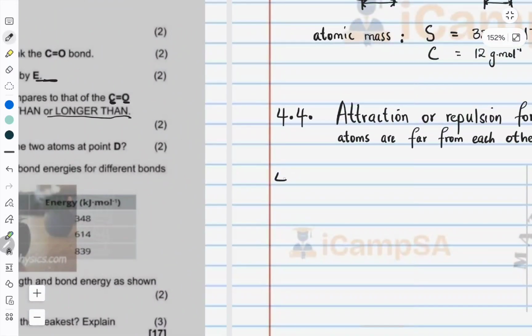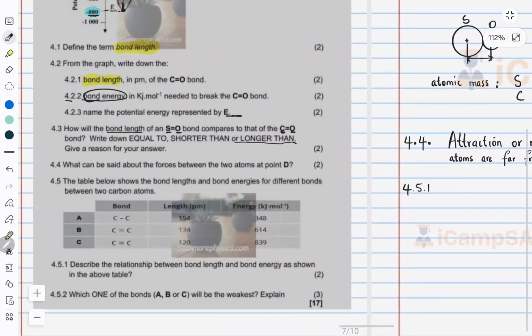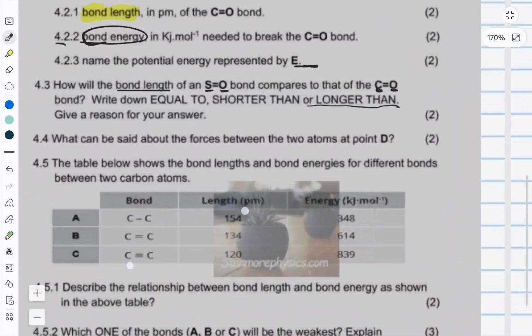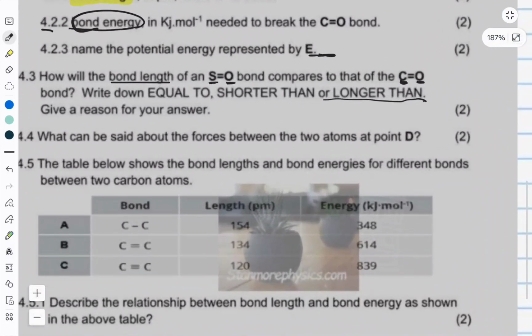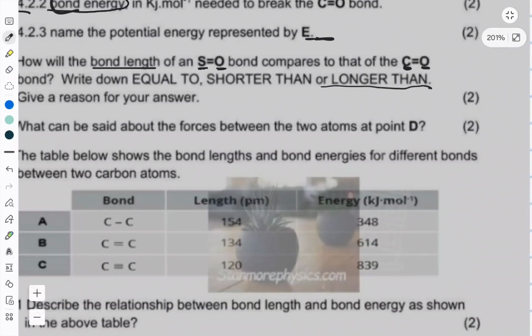Then let's go to 4.5.1. Describe the relationship between bond length and bond energy as shown in the table above. Okay, let's check it. Bond length, bond energy. I'm not sure if you can see these numbers, but here we have 154 picometers, 134 picometers, and 120 picometers.